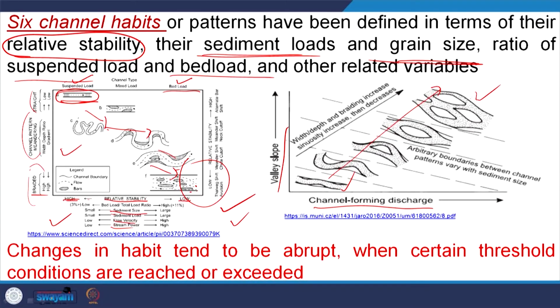Flow velocity is high on this side and low on this side. Stream power is high on this side, low on this side. So all those parameters have certain limits. Within limits, for example for straight channels, these parameters have certain ranges. If that limit is exceeded or fallen below, the channel will change to a different pattern.